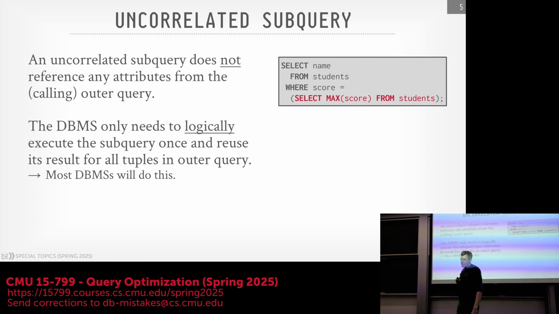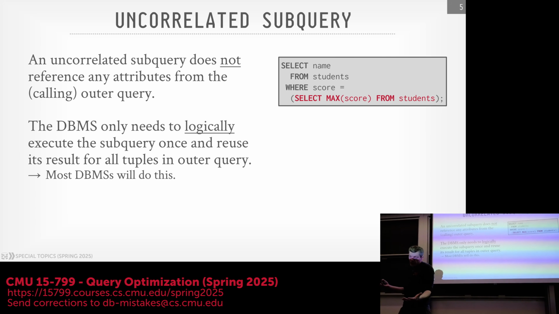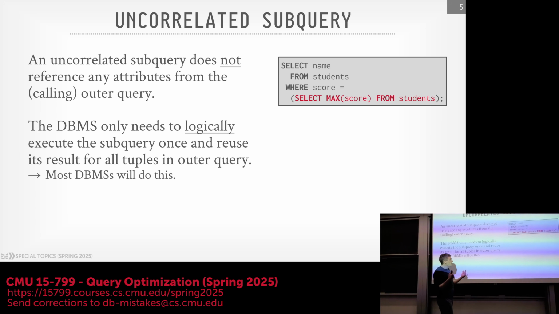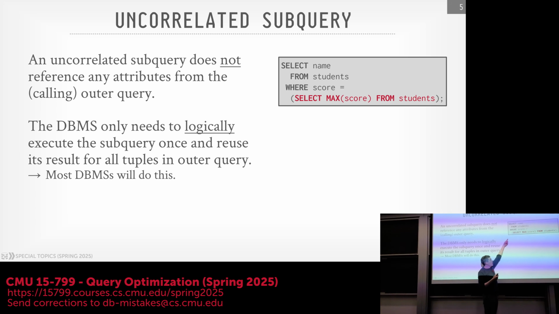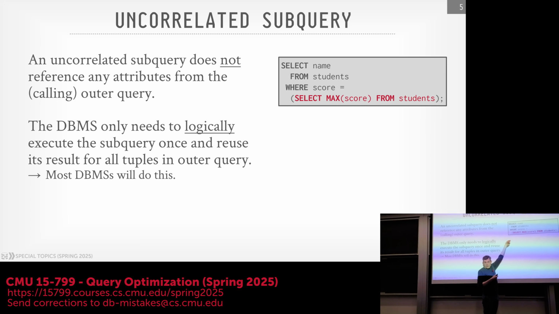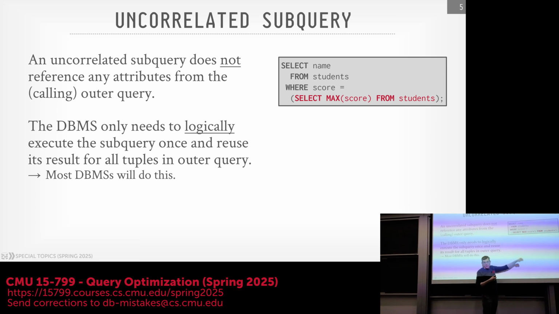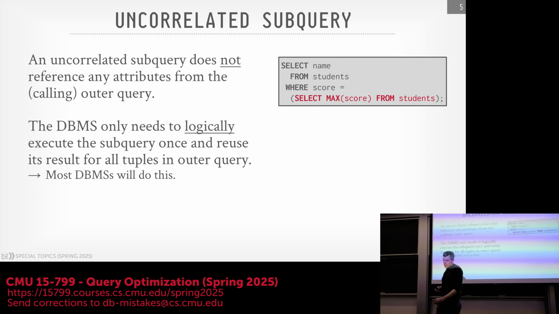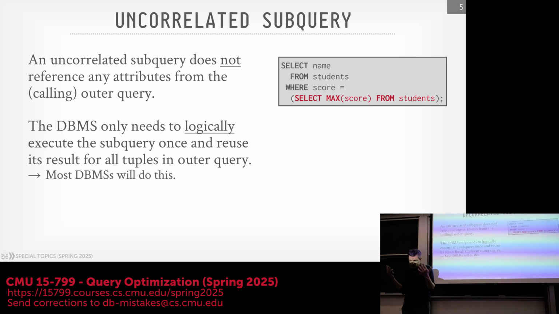The optimizer can recognize that there's nothing in the inner query, the select max score from students, that needs any attributes or data from the outer query. So I can just run this once, like a CTE, materialize it as a temp table, and then just do a join against that. It's super cheap to do, right?